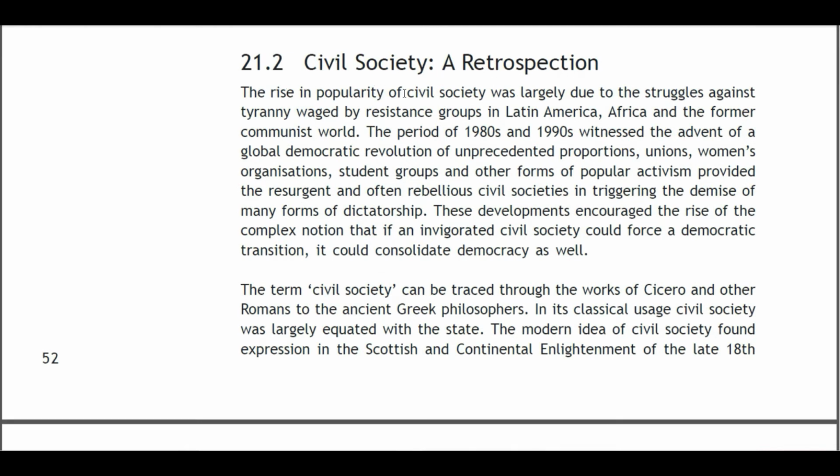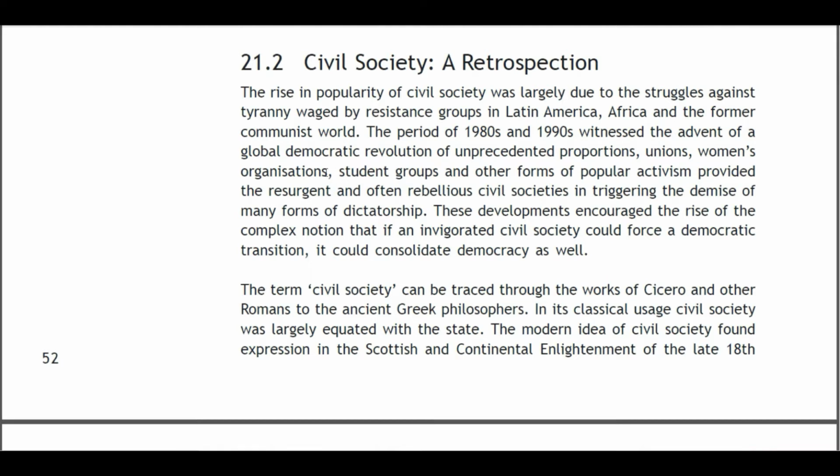The rise in popularity of civil society was largely due to the struggles against tyranny waged by resistance groups in Latin America, Africa, and the former communist world. The period of the 1980s and 1990s witnessed the advent of a global democratic revolution of unprecedented proportions.